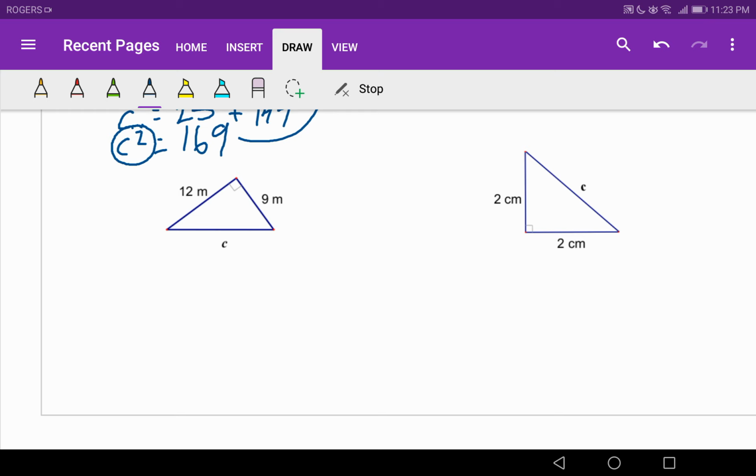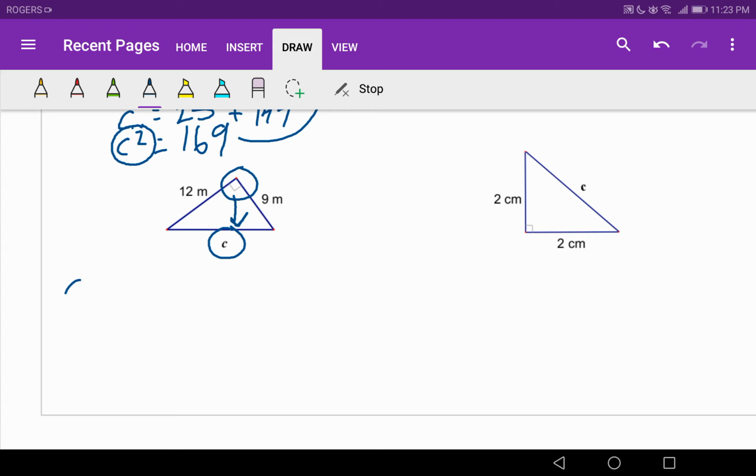All right, so remember, first thing you want to do is double check, is it a right angle triangle? Yes, it's a 90-degree angle triangle. Where is the longest side? It is always opposite of the 90-degree angle. So in this case, it's our C. That is what I'm going to be solving for.